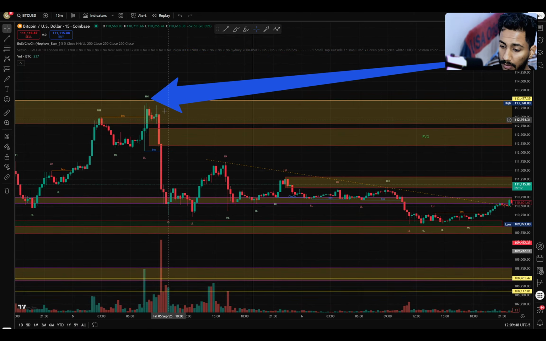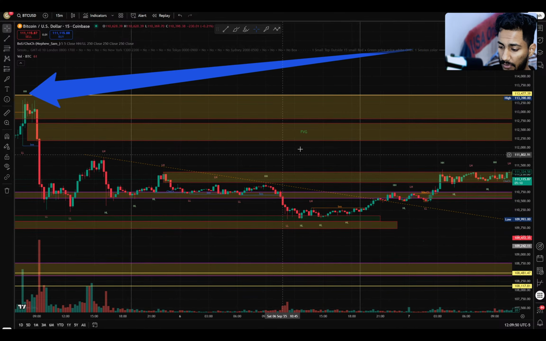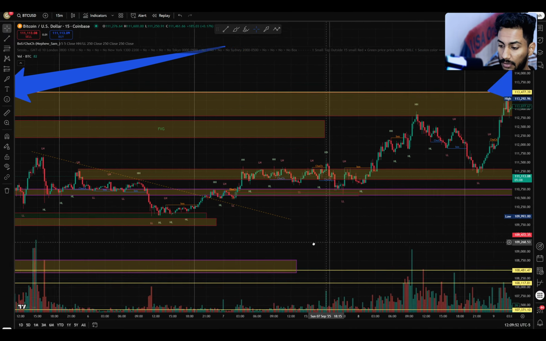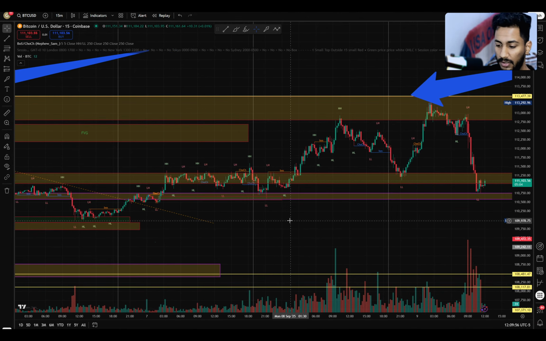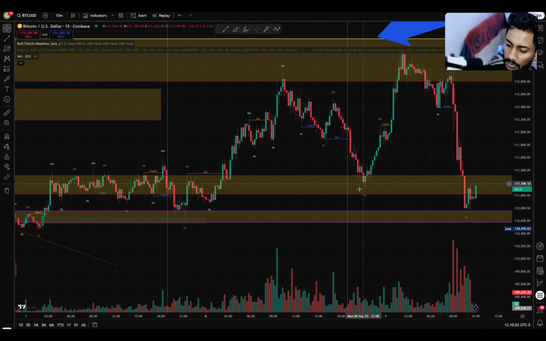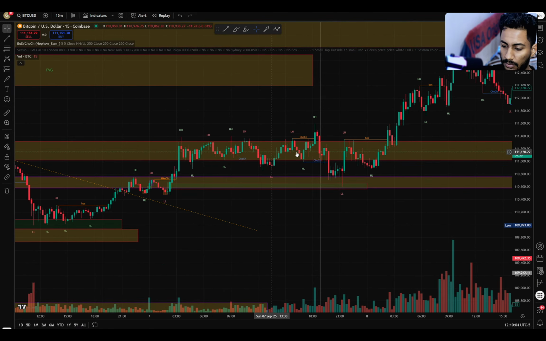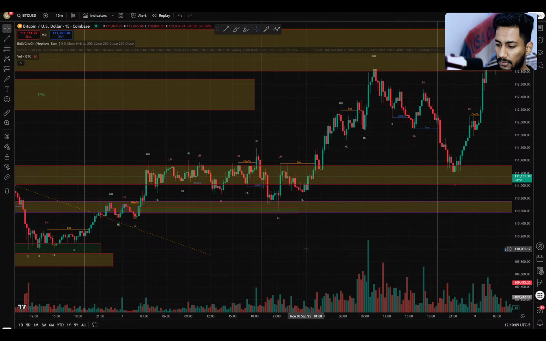So it took resistance from here after going into the consolidation area. Look at this, how price is reacting in this area, because a consolidation area is just a no-trade zone. If you take trades in this zone, you will keep hitting your stop loss and hunting yourself.